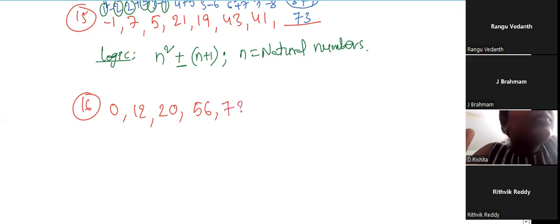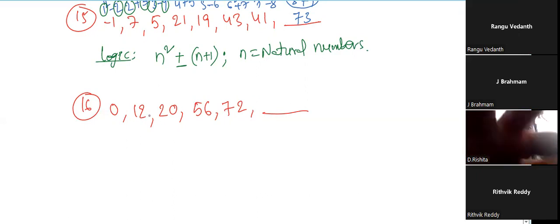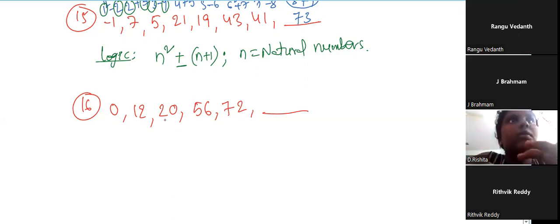What is the next number? I'm framing these questions now only. That's why I'm taking some time for calculations. These numbers are also nearby squares only. That is the hint for you. Search for the nearest square numbers, then take the relation.